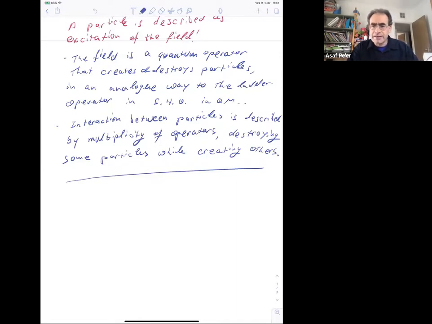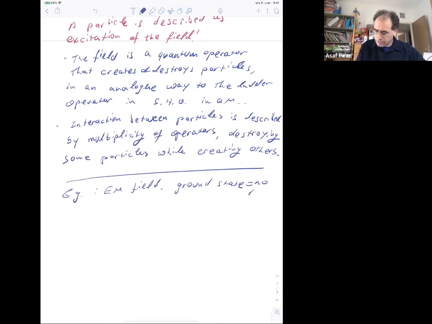The second excited state would say that there are two photons, etc. So: ground state, no photons; first excited state, one photon; second excited state, two photons, etc.